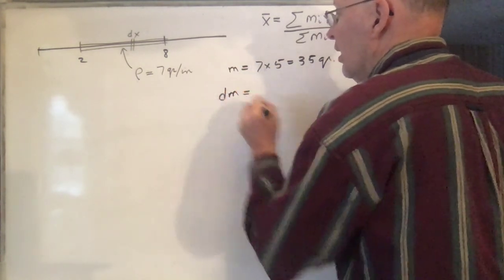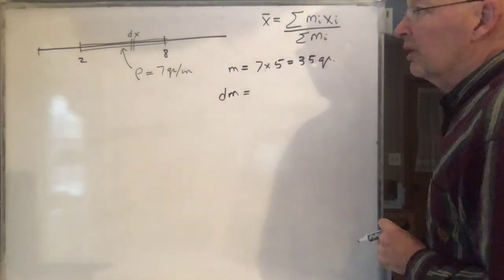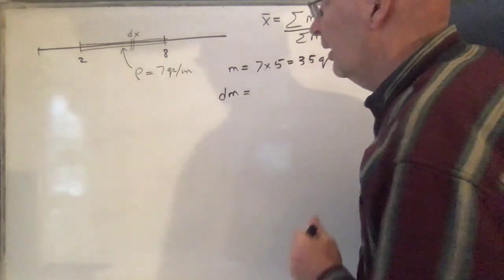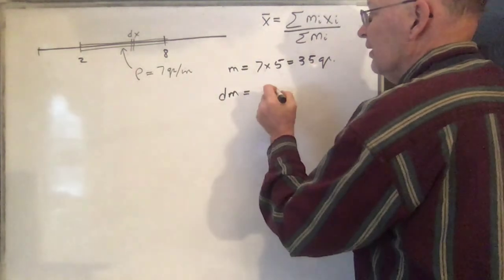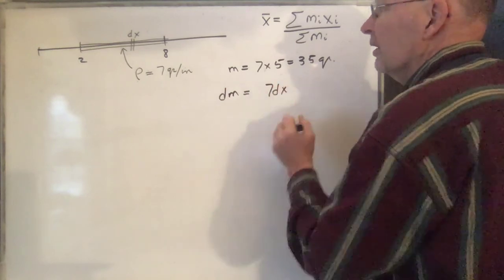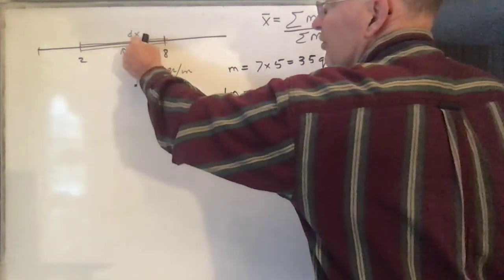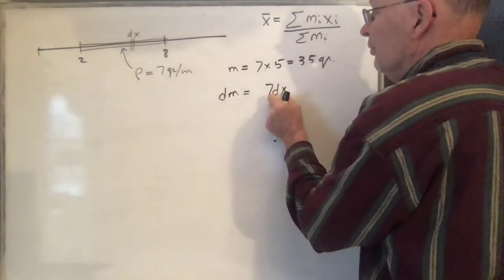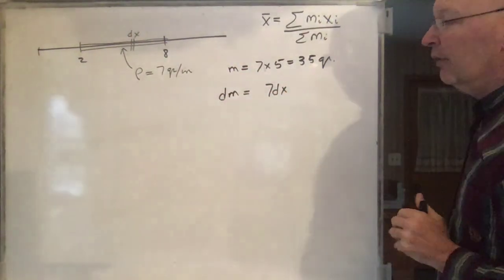Okay. So here's what we're going to do. What's the weight of that little thing? The weight of that little thing is going to be 7 times dx, because this is the amount of grams per inch, and you multiply the grams per inch times the number of inches, which is a little dx, and there you have the grams.